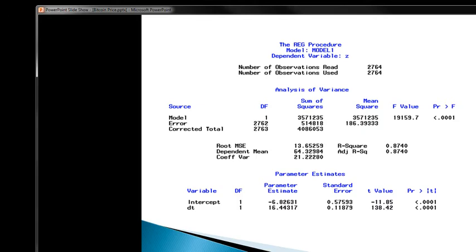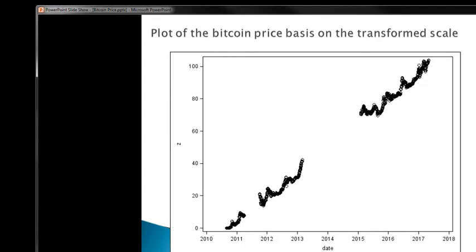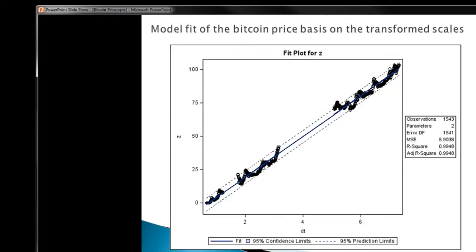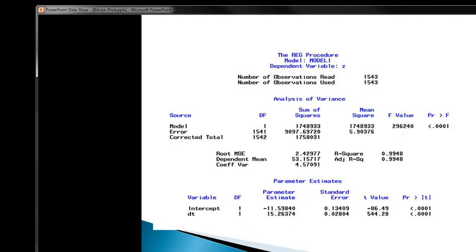Now let's take a look at the baseline, the basis of the Bitcoin price. We're looking at about 1,500 data points here, and it is really fit to a straight line. It's linear, and R square is pretty good.